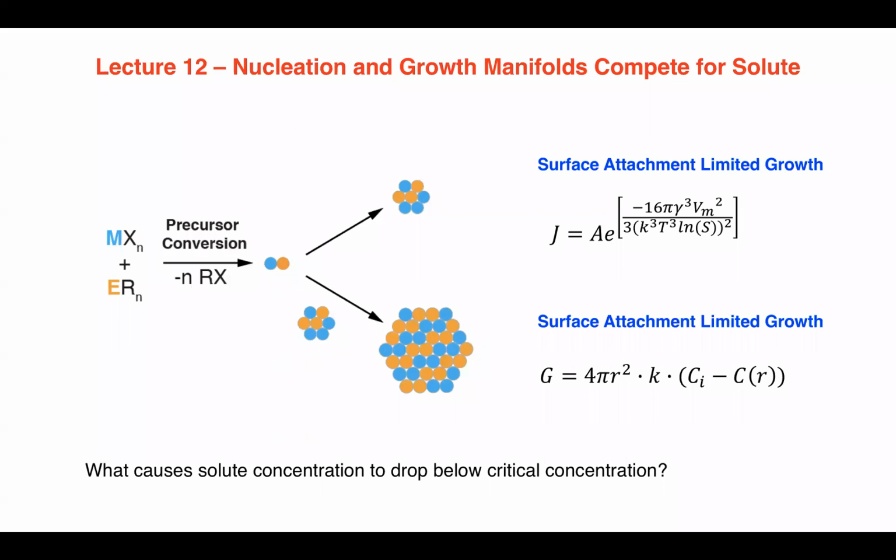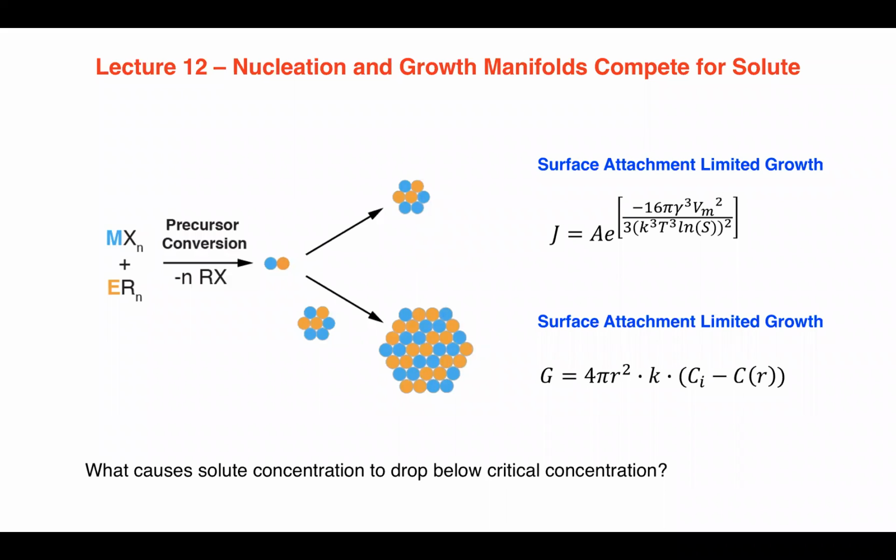And what ends up happening is these two manifolds, the growth manifold and the nucleation manifold, are in competition with one another for the available solutes. Eventually, the number of these crystals becomes so high and the size of them becomes large enough that this consumption by growth way outstrips the rate of that reaction. And this process will take over and that process will shut off.